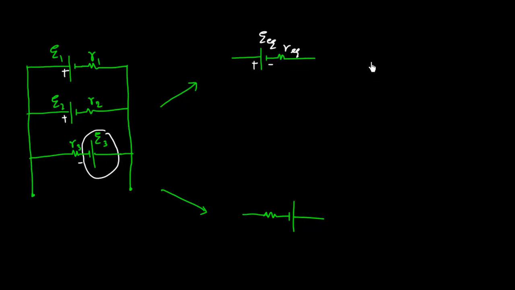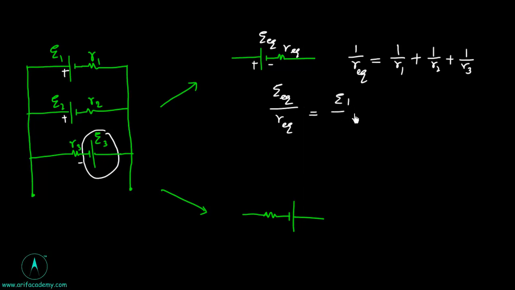First of all, R equivalent is always like this: 1 upon R1 plus 1 upon R2 plus 1 upon R3. But E equivalent upon R equivalent is equal to E1 upon R1 plus E2 upon R2 minus E3 by R3, because the equivalent polarity matches with these two but is opposite to this one, so we have a negative sign.